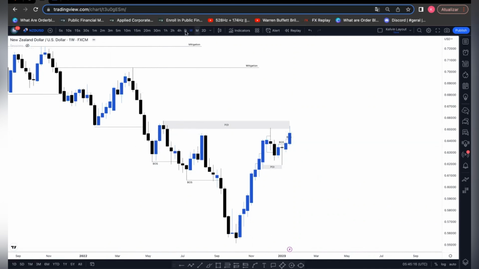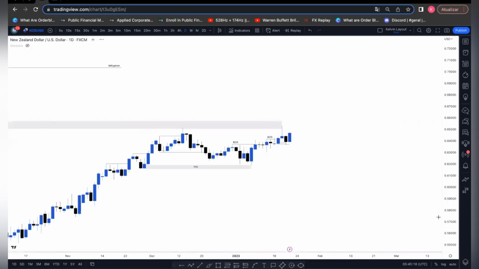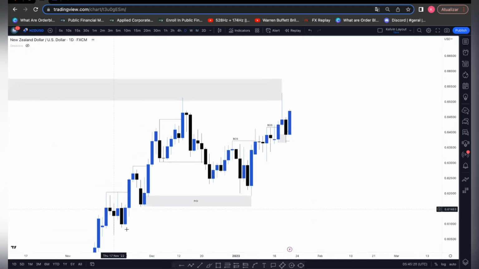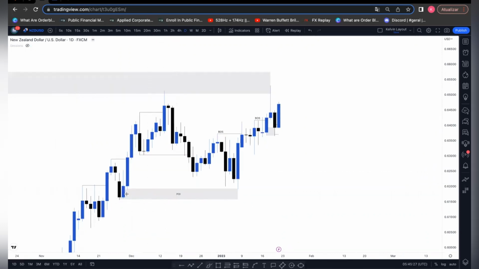If we drop down to the daily time frame, we will see that we had this beautiful bullish structure right here. Price had created this high, this low, then it broke, it created this high. So the order block was sitting below. Price just pulled back and then created the second break of structure. And it caught so many people off guard right here by creating inducement.